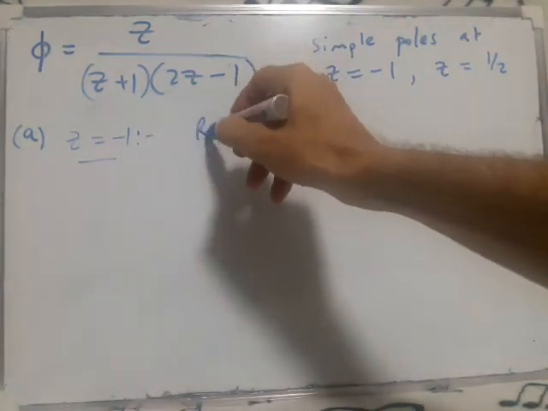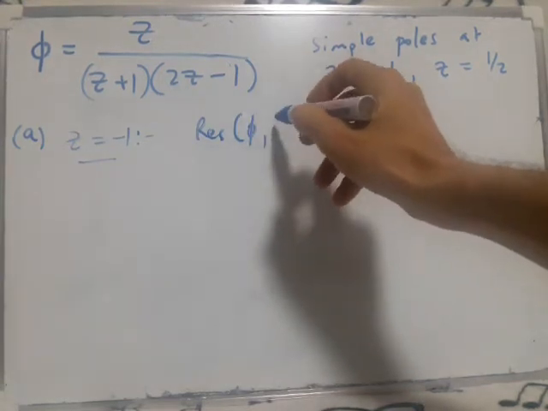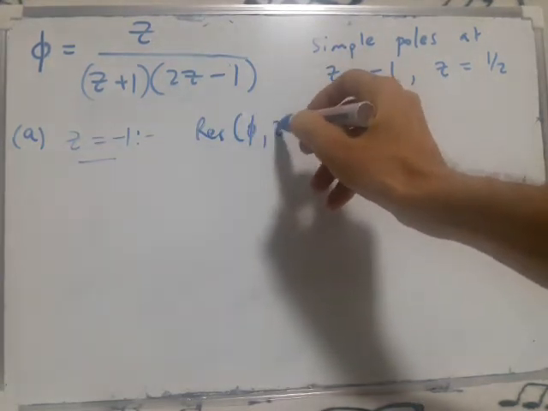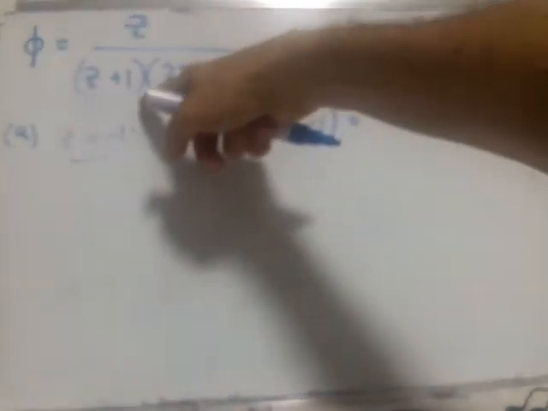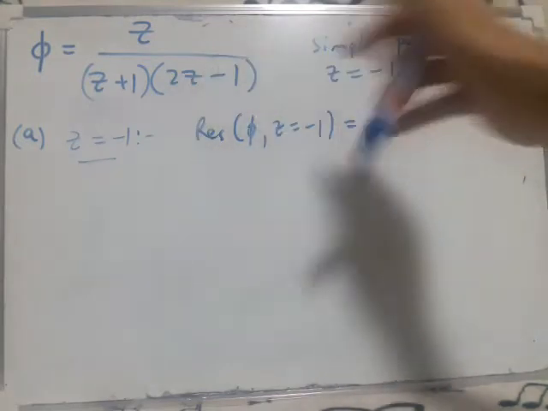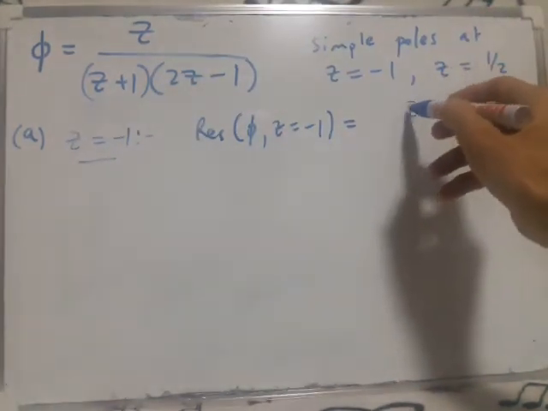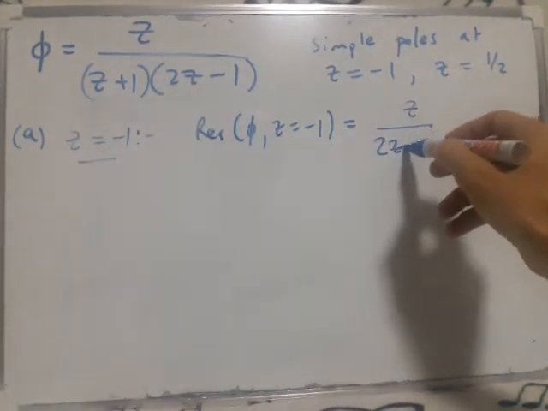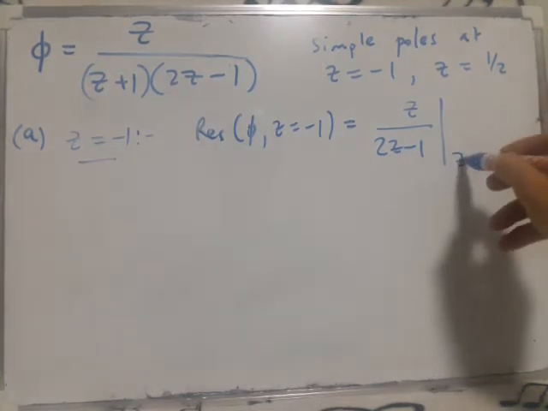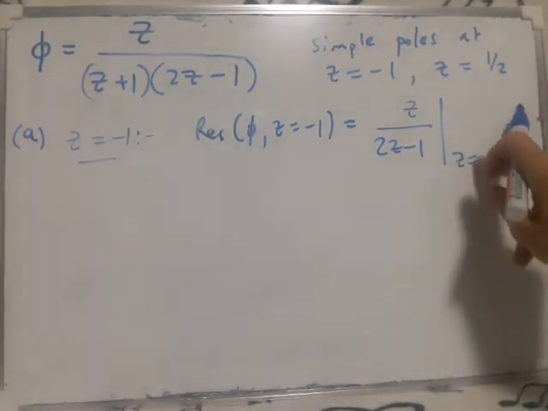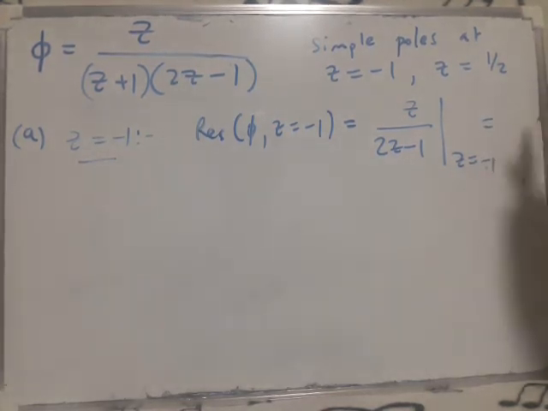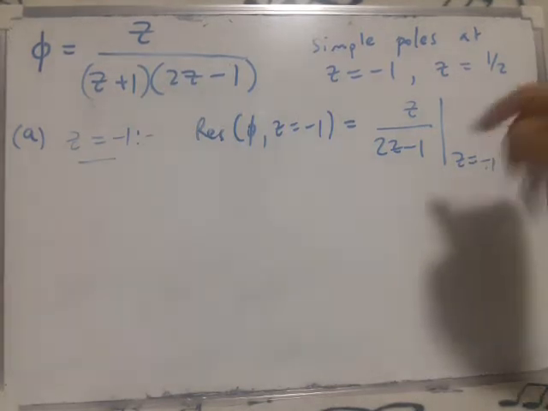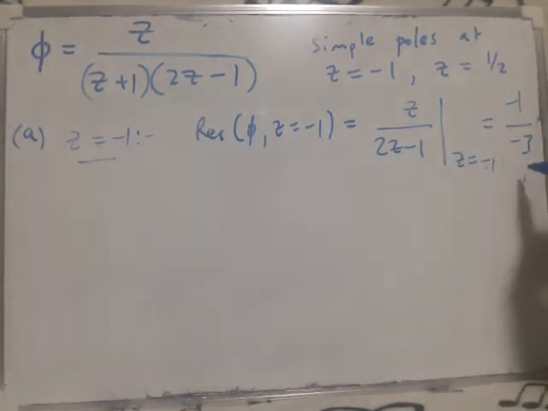So the residue of phi at z equals minus 1 is, I multiply this by z plus 1 and just end up with z over 2z minus 1, which I evaluate at z equals minus 1. And that gives me minus 1 over minus 3, which is 1/3.